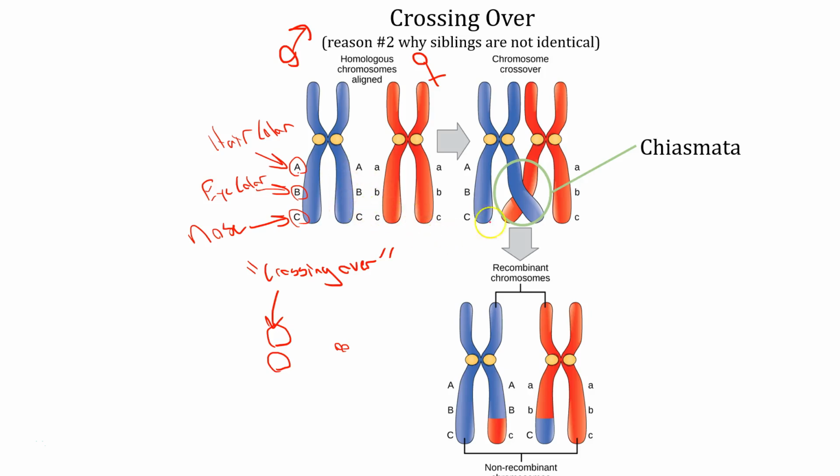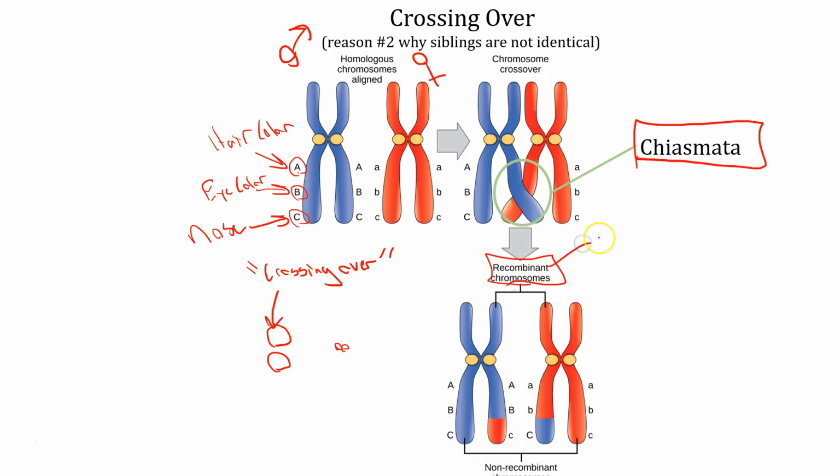But in either case, these two regions of DNA that have the same types of genes on them can bind and swap DNA. Where they attach to one another is a structure known as the chiasmata. These two chromosomes, one from mom and one from dad, bind together, cut off DNA from each other and flip it onto new chromosomes, so that you get what's called recombinant DNA, or recombinant chromosomes.